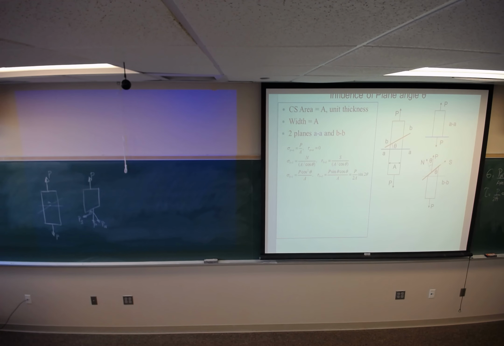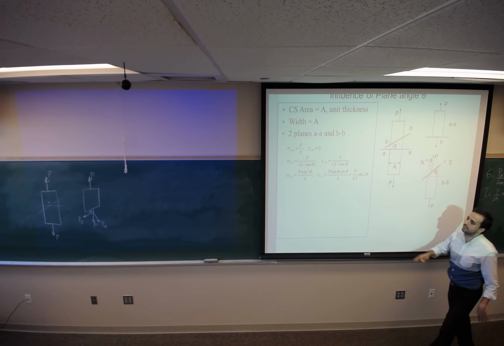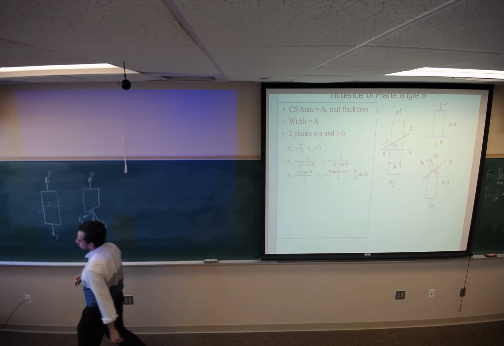The extreme values for shear are at theta equals 45 and theta equals 135. Tau max is sine of 90, which is 1, so P over 2A, and tau min is negative P over 2A. So at different angles, we have different normal and shear stress.